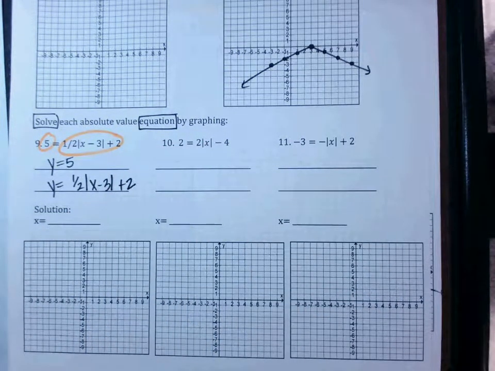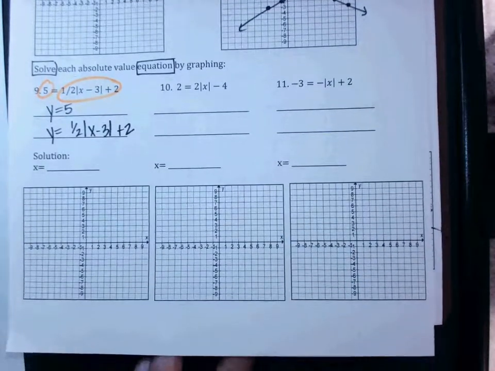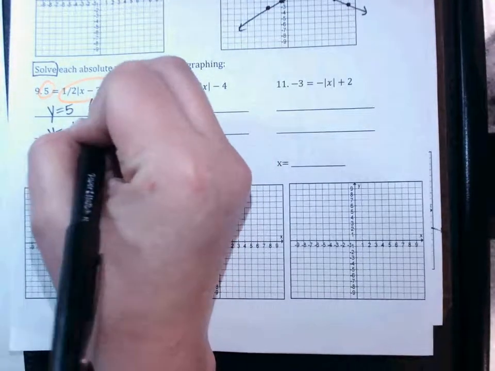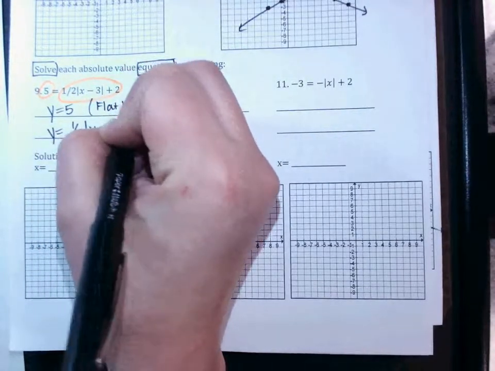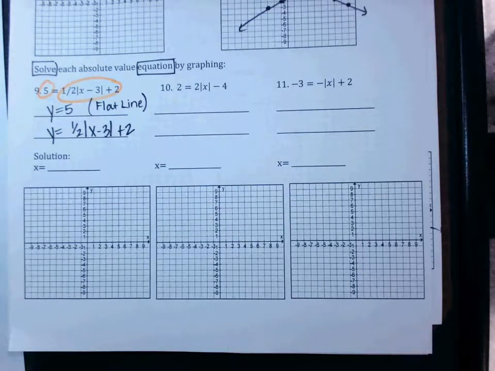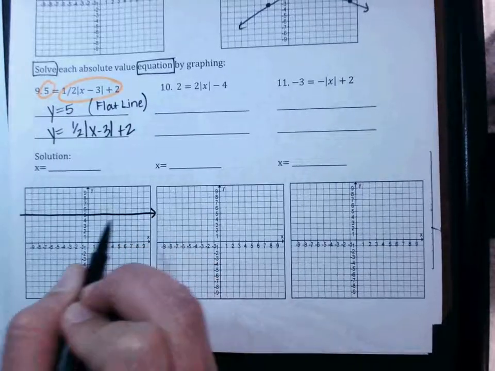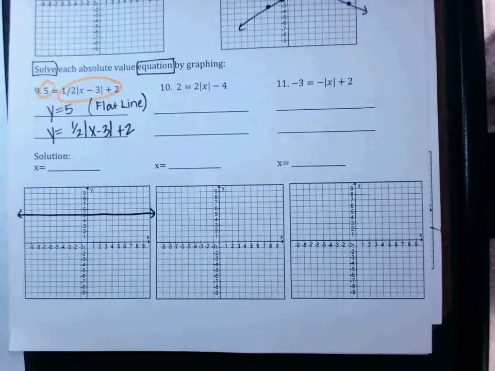And then from there you would graph your V and your line. Remember, we said yesterday that your number is always just a flat line across that value. So if it's 5, that would be right here. Where is the answer where they cross?